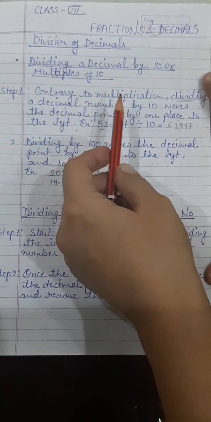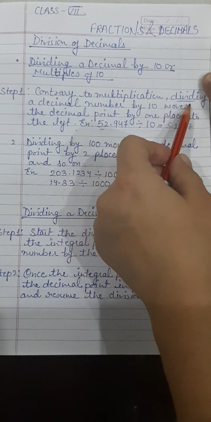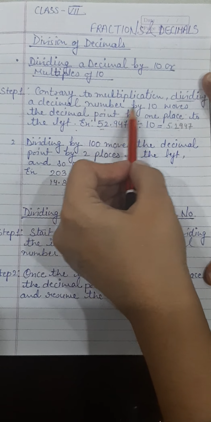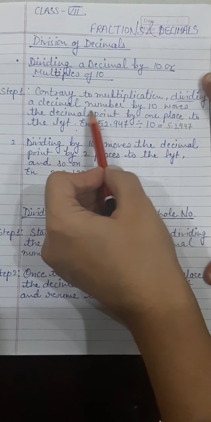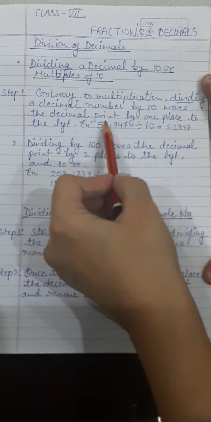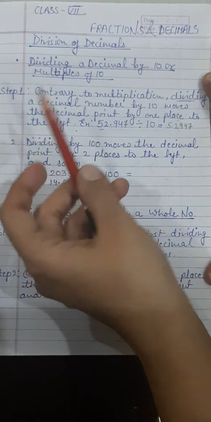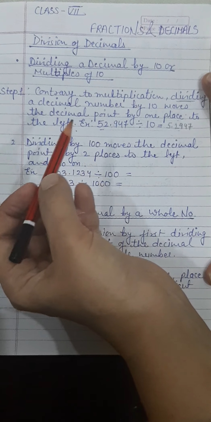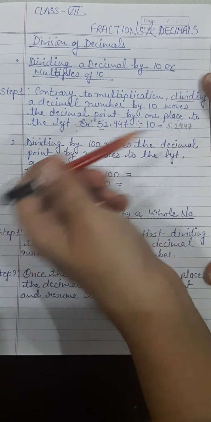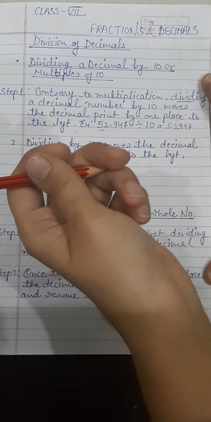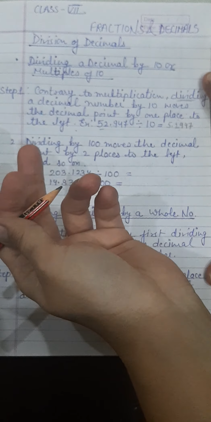So in that case, while dividing a decimal number by 10, move the decimal point by one place to the left hand side. In multiplication, we are moving to the right hand side, and in division we will move to the left hand side. This is the difference.